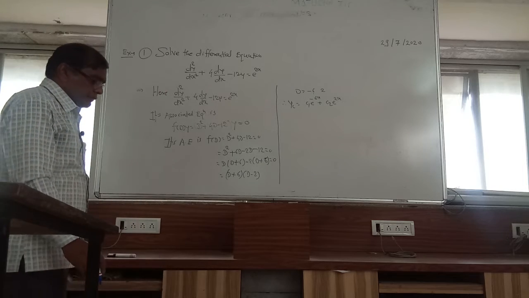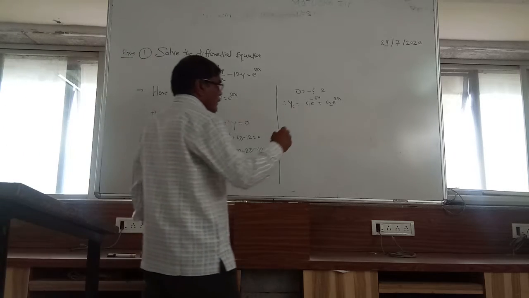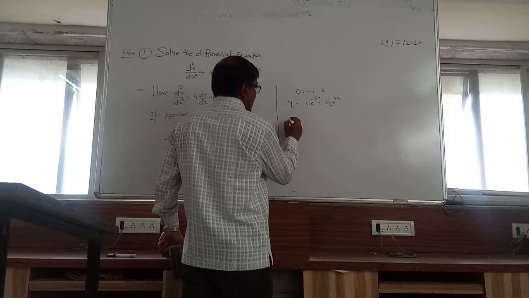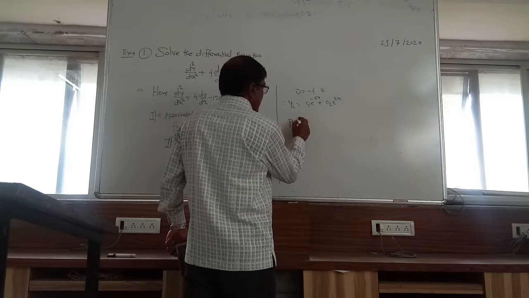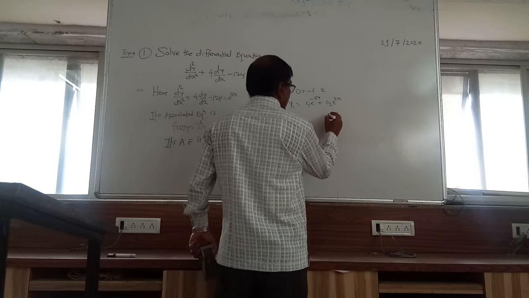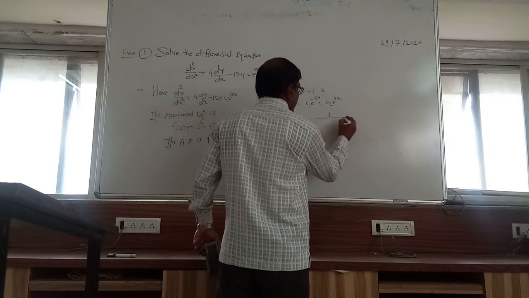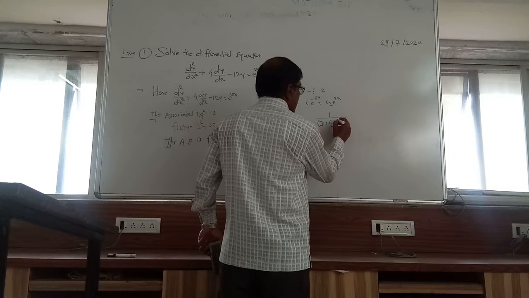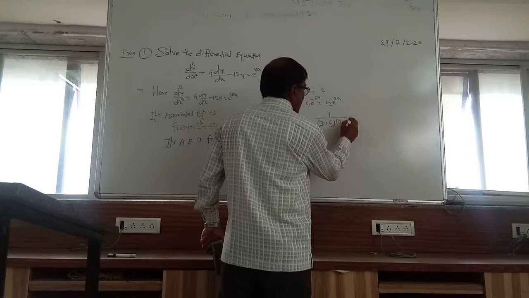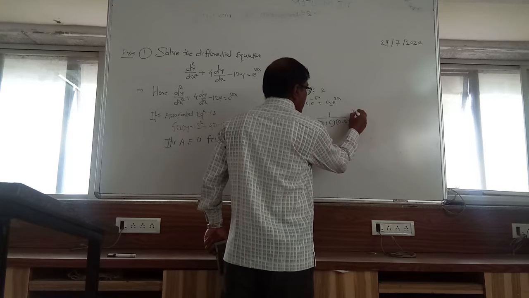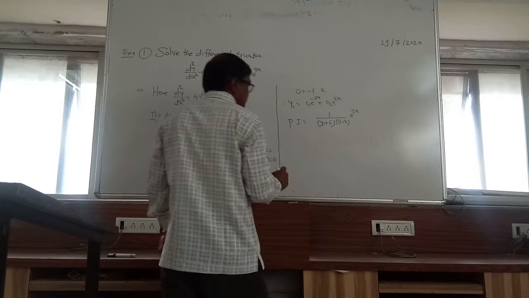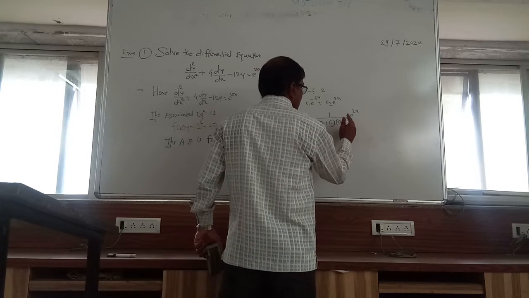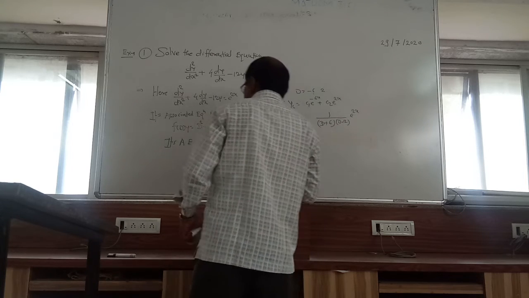That is the complementary function. Now we have to find the particular integral, with the factors D plus 6 and D minus 2 acting on e raised to 2x. Yesterday we saw two methods.